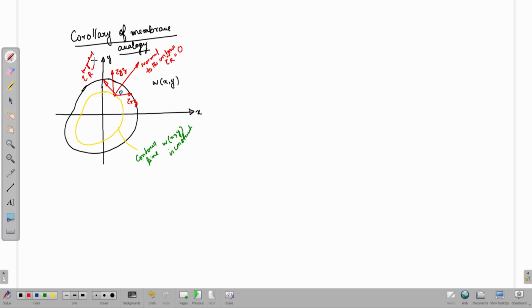So if I have a shaft with a certain cross section, similar to that of the membrane that we have visualized or imagined, then if I select any point on the cross section of the shaft, the resultant shear stress at the point is going to be tangential to the contour through the point.